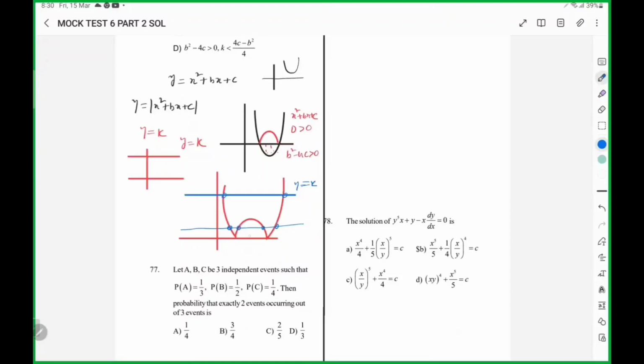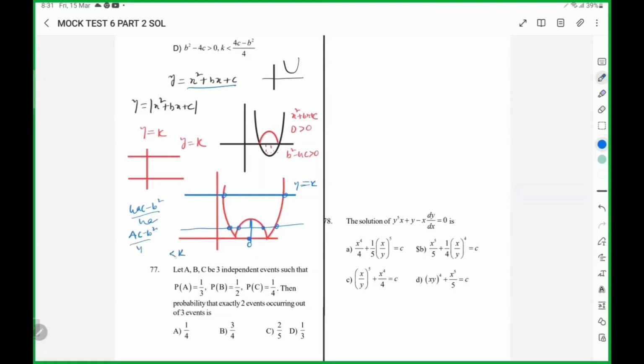So this k can be between 0 and the minimum. The minimum for this equation is 4c minus b square by 4.